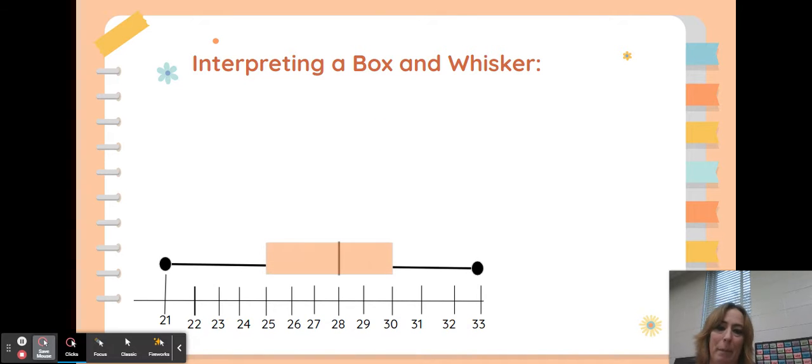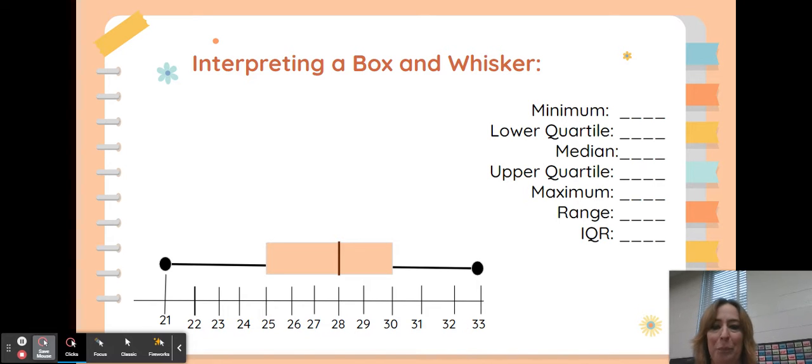Okay, so here's the next one. Let me put all the pieces up. Here we go. So minimum, remember, find the first dot right here. So the minimum would be 21. Lower quartile is where the box begins, so we come down and we see it's on 25.